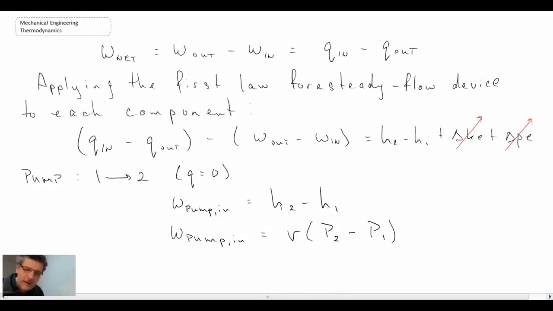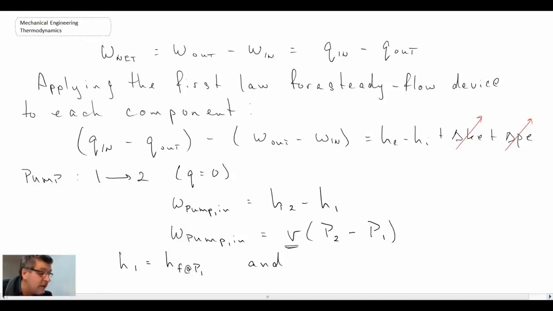Now, in coming up with this equation, what we're going to assume is that the enthalpy at state 1, we will determine by the enthalpy of a saturated liquid at pressure 1, which makes sense. We go into the steam table and we can get enthalpy there. But the question is, how do we handle the specific volume?